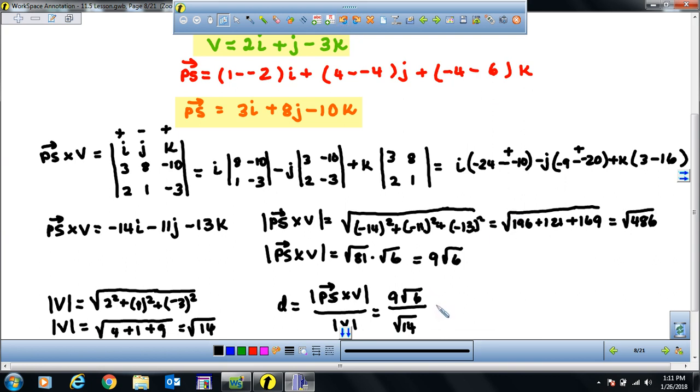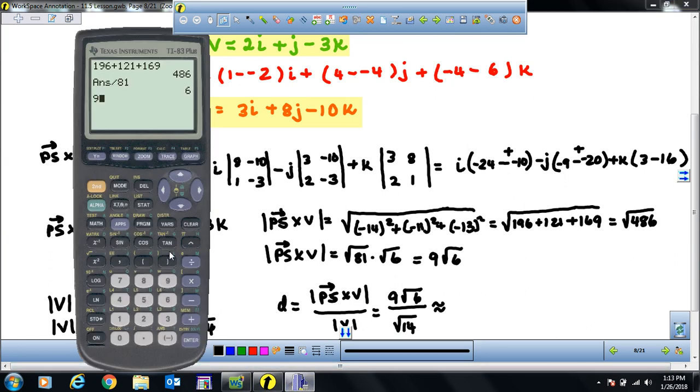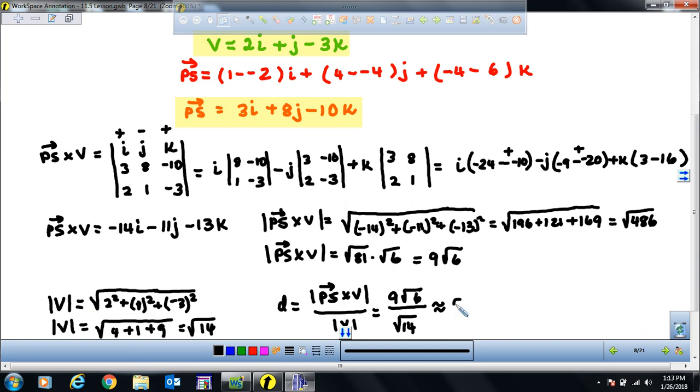So let's go ahead and use this division, and let's estimate the answer to one decimal place. So it would be 9 times the square root of 6, divided by square root of 14. And so the distance from the point that we were given to the line with the parametric equations given is about 5.9 units.